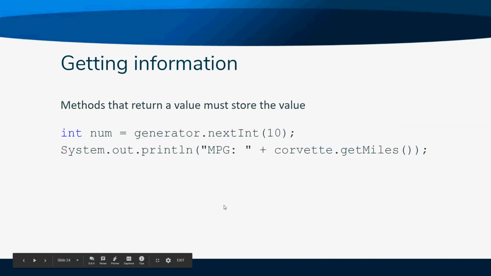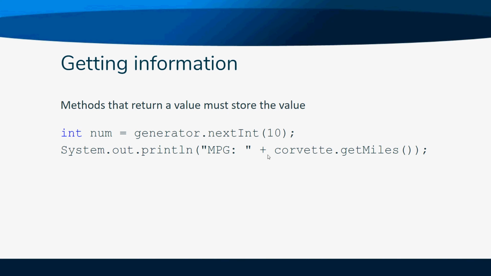Getting information: any method that returns a value, you have to store that value or print that value. You can't just say get miles and not store it anywhere. So for example, with our random number generator, we would always store what gets returned from next int into our variable.